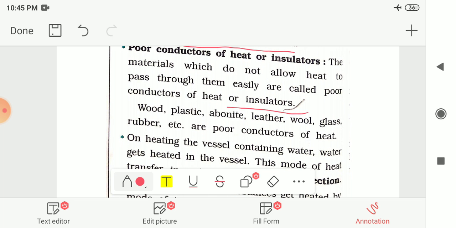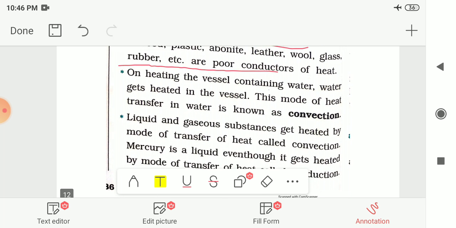The materials which do not allow heat to pass through them easily are called poor conductors of heat or insulators, like wood, plastic, ebonite, leather, wool, glass, rubber, etc.